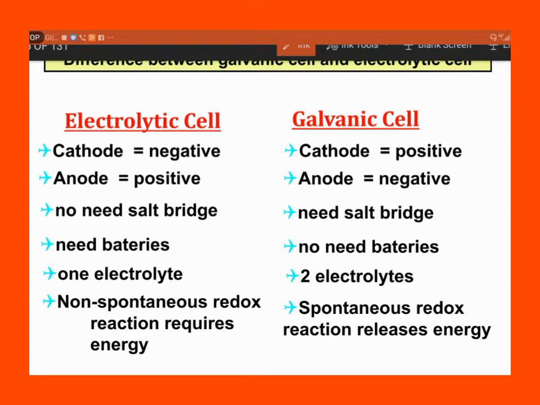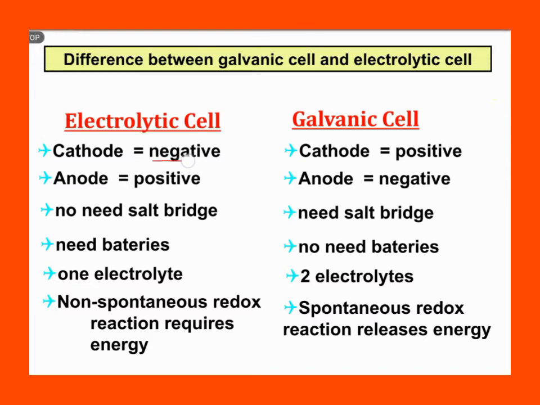The difference between a galvanic cell and an electrolytic cell can be summarized as below. First, in the electrolytic cell, the cathode is the negative terminal, while in the galvanic cell, the cathode is the positive terminal. The anode in the electrolytic cell is the positive terminal, while the anode in the galvanic cell is the negative terminal. Next, in an electrolytic cell, there is no need to use a salt bridge, while in a galvanic cell, we need to use a salt bridge.